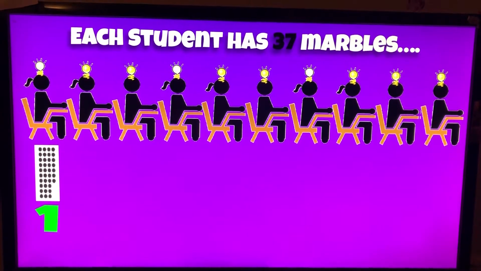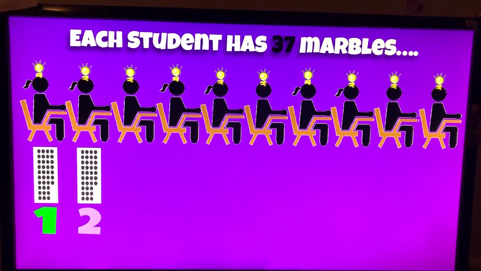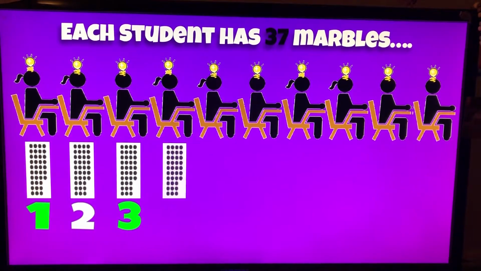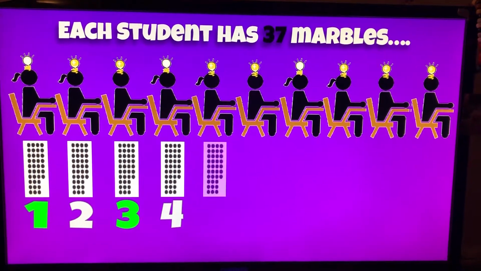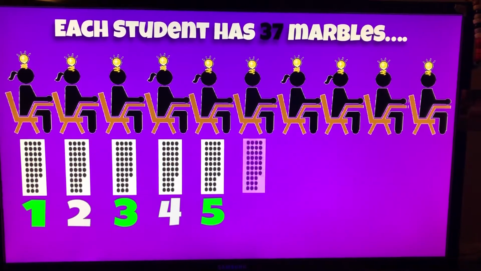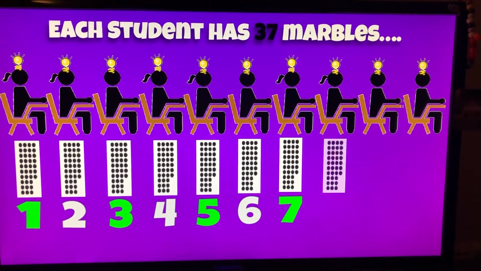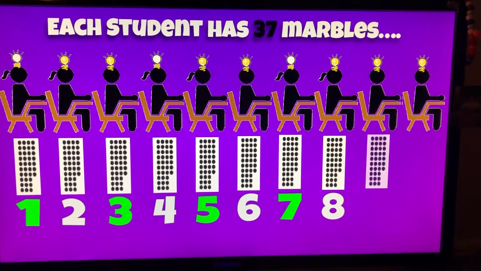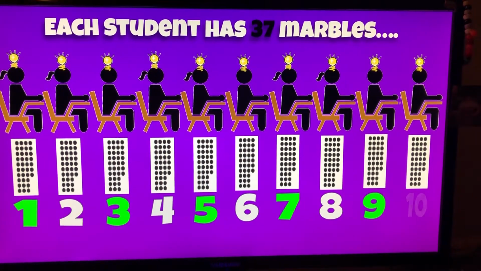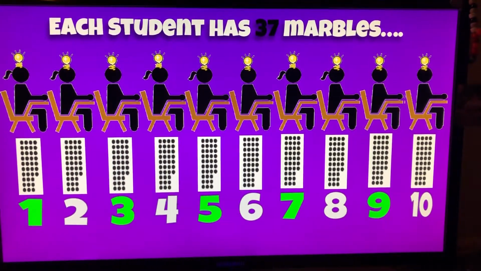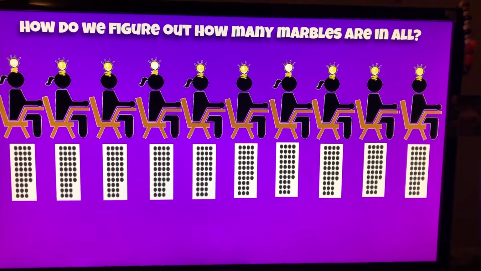So there's the 1 set, 2 sets, 3 sets, 4 sets, 5 sets, 6 sets, 7 sets, 8 sets, 9 sets, 10 sets. So 10 students have 37 marbles.